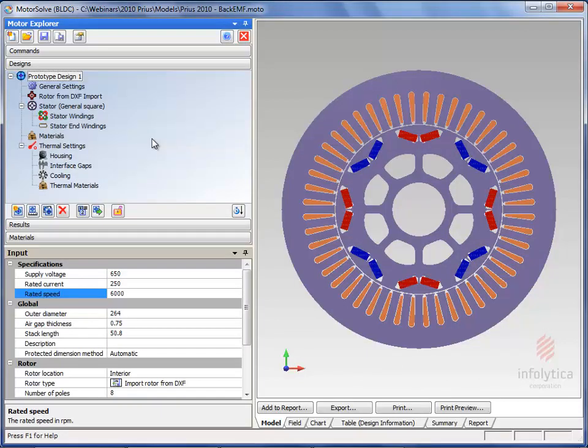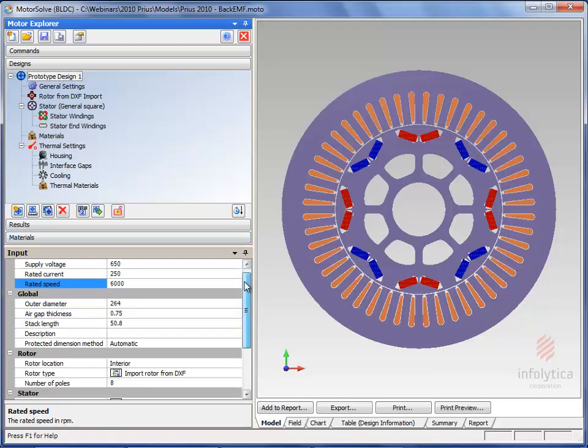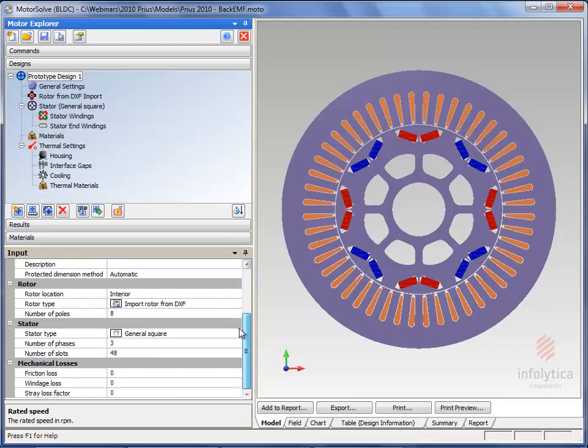So here we have the MotorSolve interface with the base model loaded for the Prius. I won't go over too much of the geometry details here, aside from saying that due to the innovative constructs that folks can explore, we have implemented the ability to import both the rotor and the stator separately.